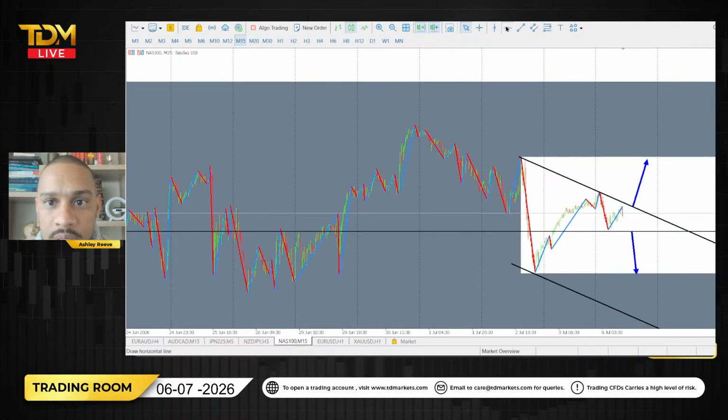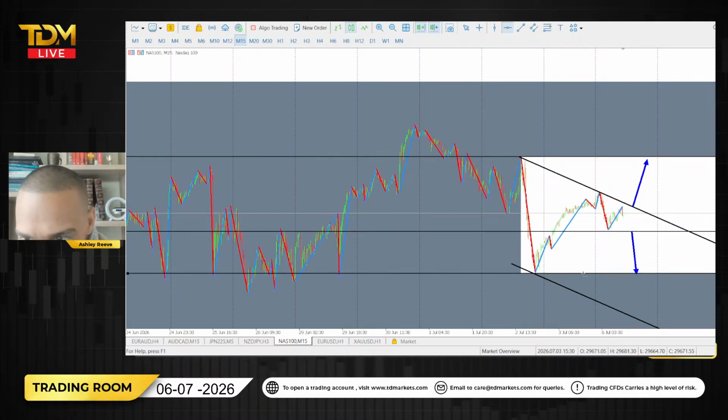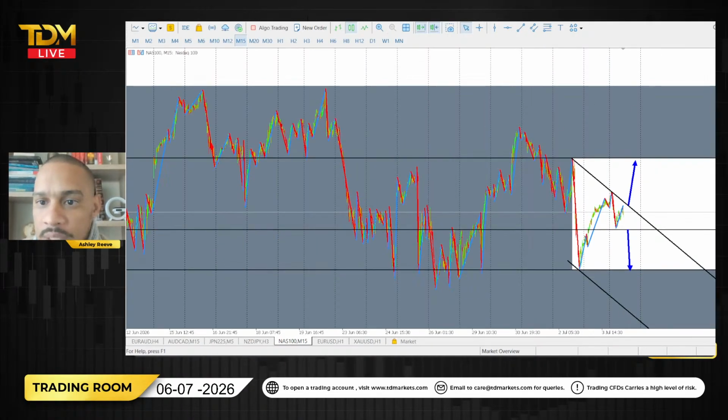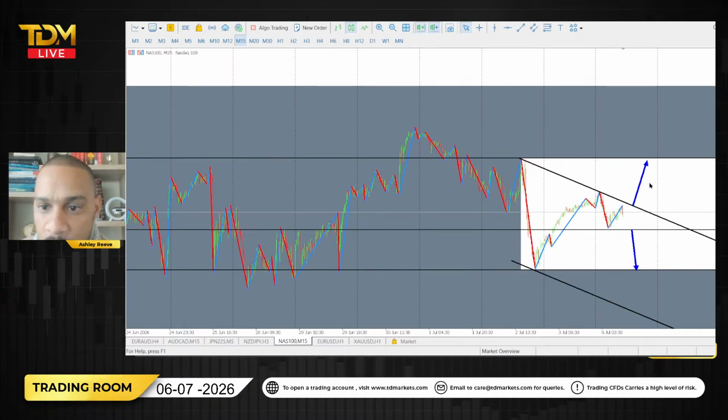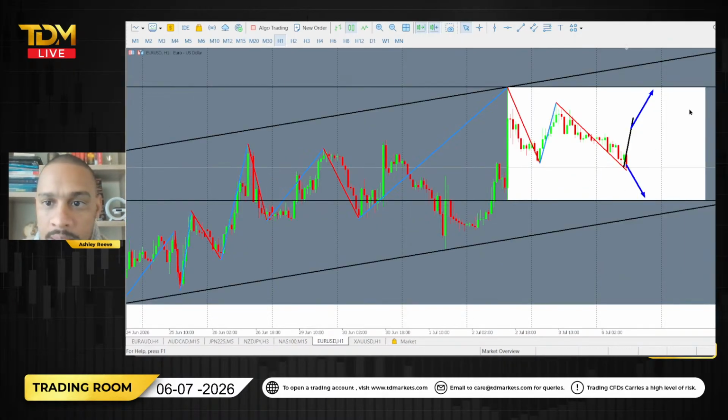NAS 100, the points there, we're looking at about 30,098. Hold on. 30,103, sorry, and 29,102. So let's see what happens today with these two guys. This would be phenomenal movement for any trader. We're only dealing with this white block here, and this white block over here.